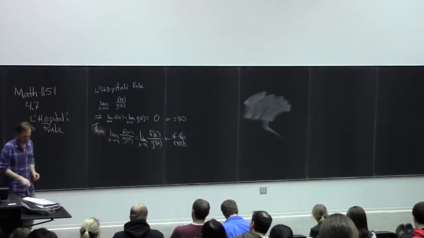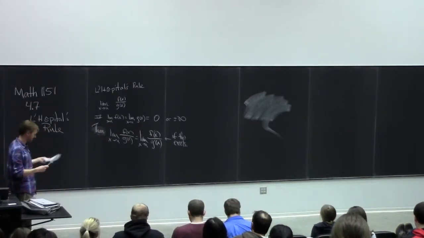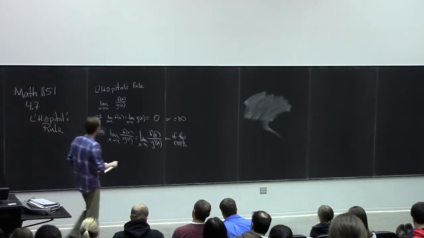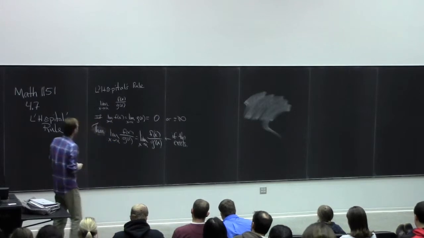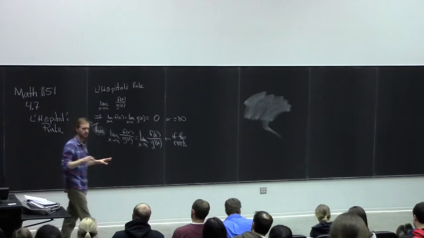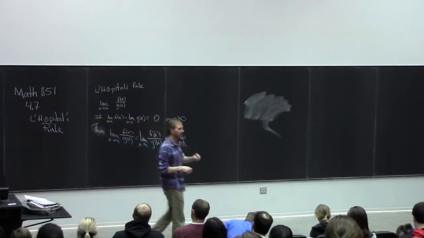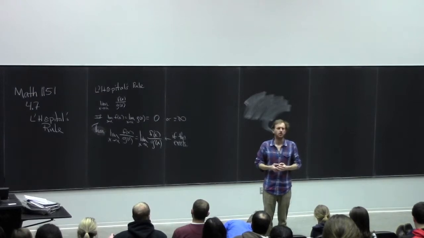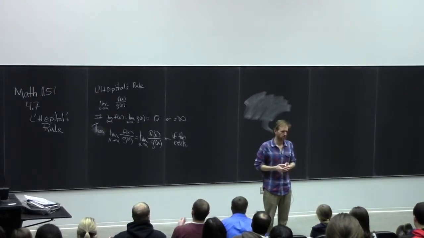So I'm going to do an example. Okay, so there's a list of basically forms. There's a list of things that you should be watching out for to use. Now, the biggest tip-off that you should use L'Hopital's rule is the question will say, use L'Hopital's rule.